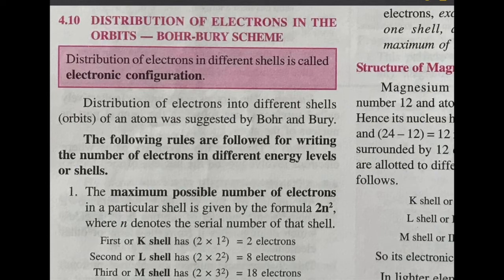So here I am going to talk about it in detail. The distribution of electrons in different shells is known as electronic configuration. The distribution of electrons in different shells was suggested by Bohr and Bury. These are the names of the chemists who studied the atom.